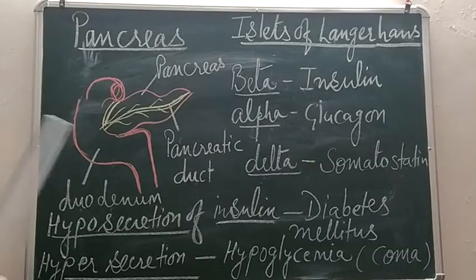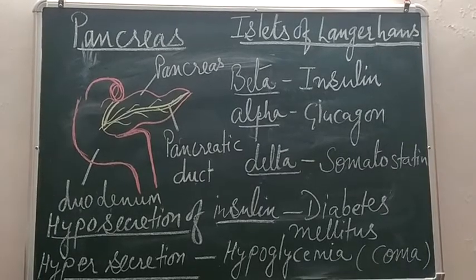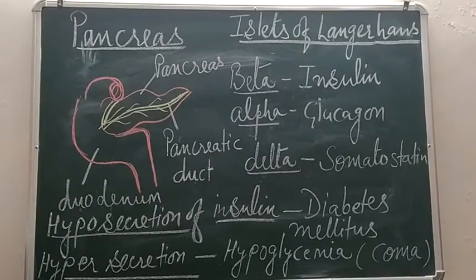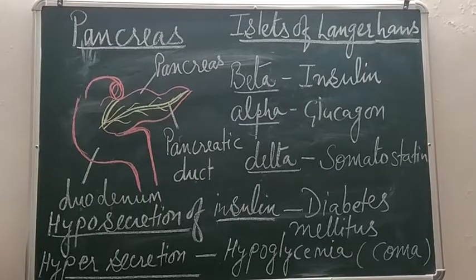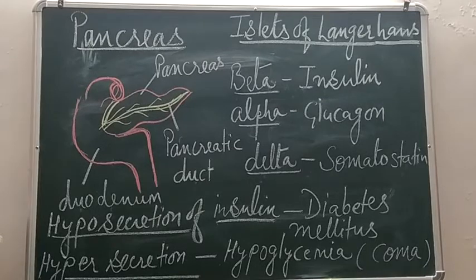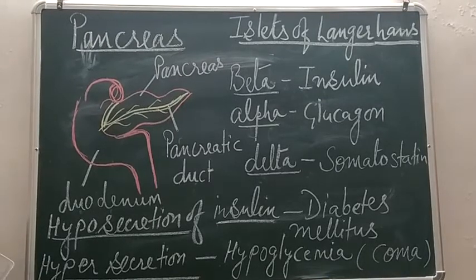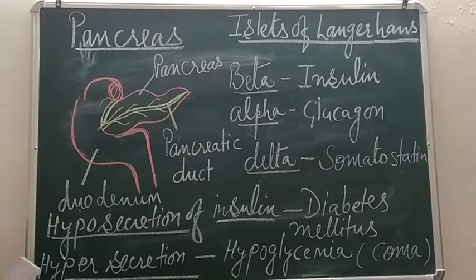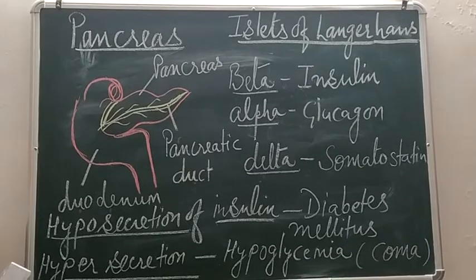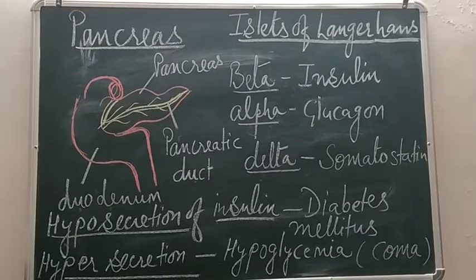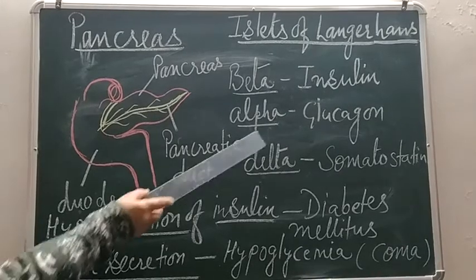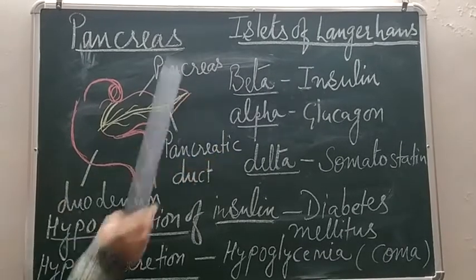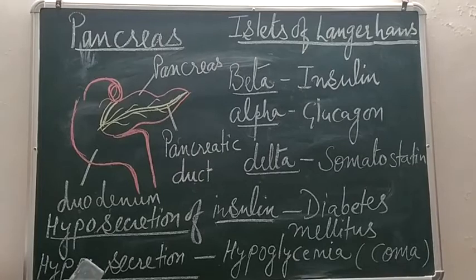So this insulin will help in utilization of this glucose in the body, and secondly, it will also stimulate deposition of extra glucose. Extra sugar will be converted into glycogen with the help of insulin.